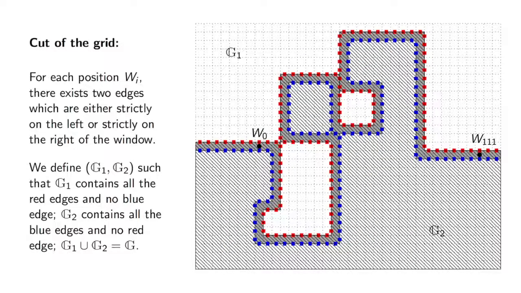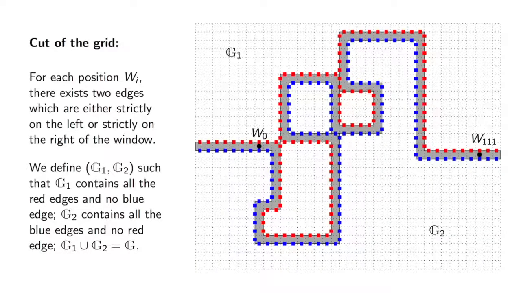Here we represent the graph G2, which is the right side of the cut of the grid. This graph contains all the blue edges but no red edges. This graph is also the connected component of the cut made by the red edges which contains the window W. In particular, remark that these 2 red edges do not belong to the graph G2 even if both of their extremities belong to G2.